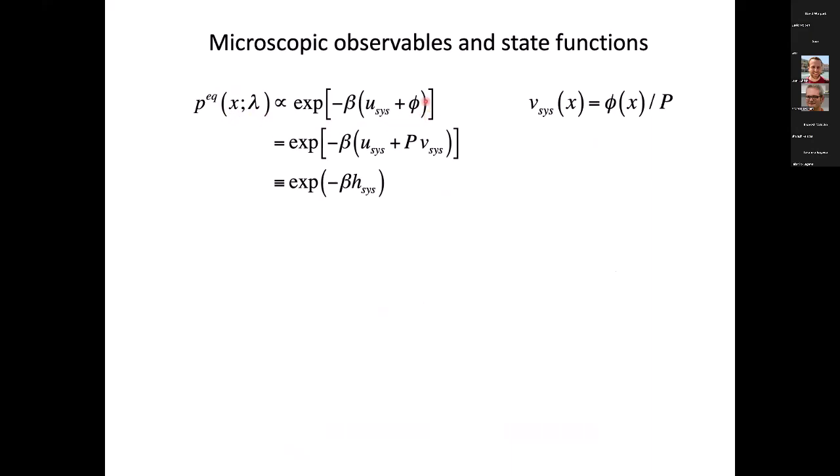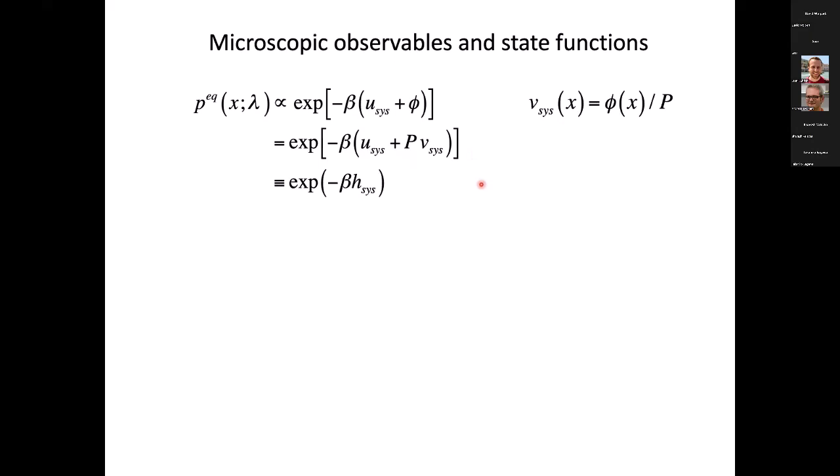So here's the expression that we already had before. I'm defining the volume in this way. When I combine these two, I see that I can rewrite this Boltzmann factor as e to the minus beta times (u_sys plus p times v_sys). And this is nice because this is starting to look like the isothermal-isobaric version of the Boltzmann factor, right?